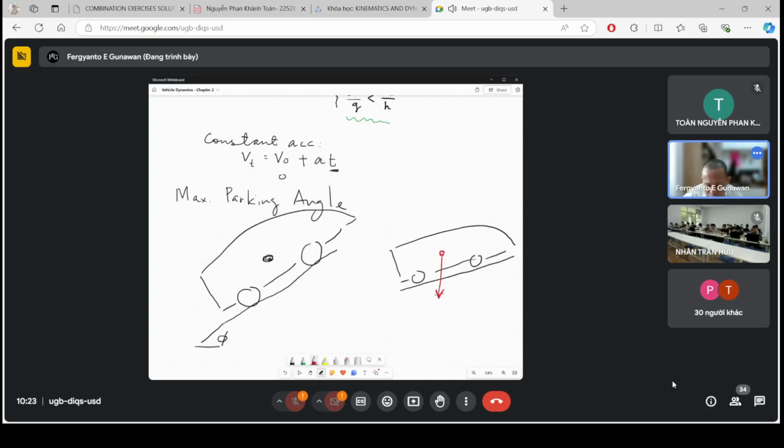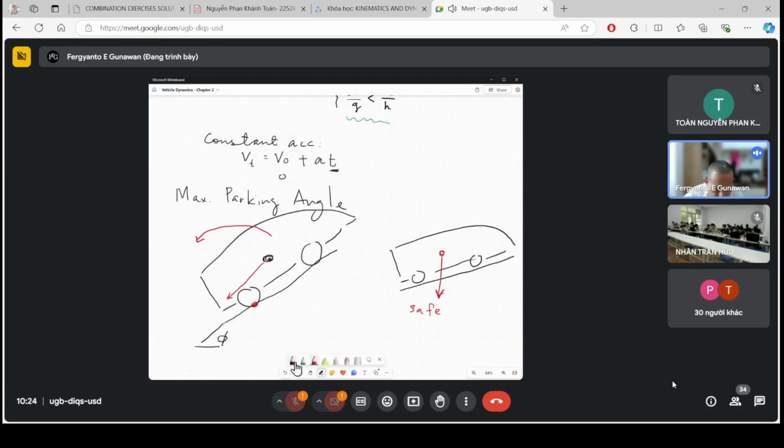So the vehicle is pretty much safe, right? However, if the angle goes this way, this is the tipping angle, and potentially your vehicle might be unstable and tilt in this direction, right?